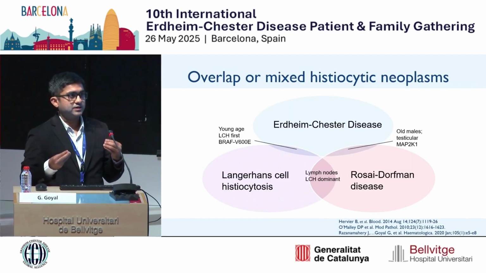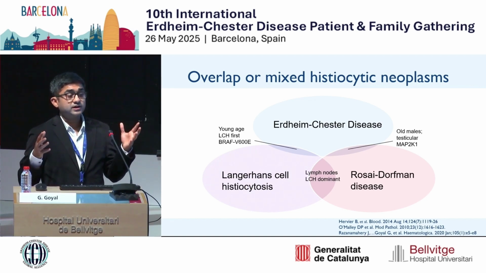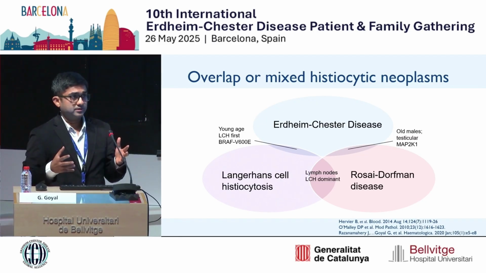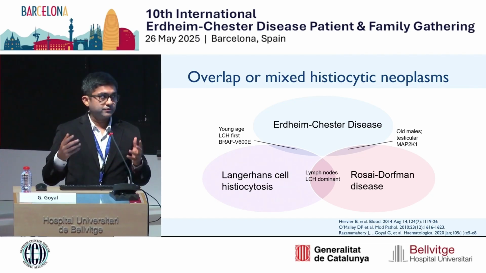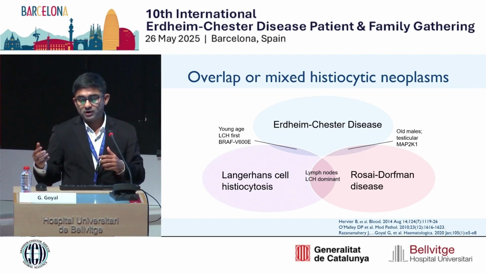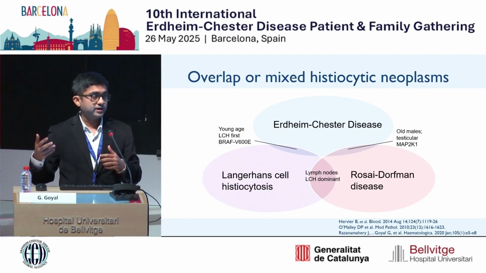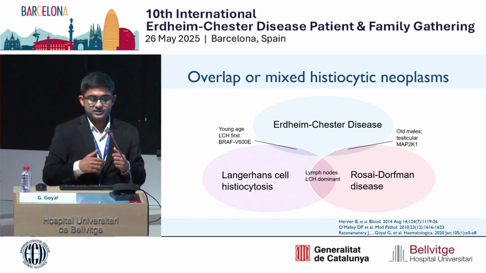And we and others have reported over and over again that these diseases can occur together with each other in certain situations. For example, ECD can occur with Rosai-Dorfman disease. When we first reported it, we found it occurring most commonly in older men involving the testicular tissue.